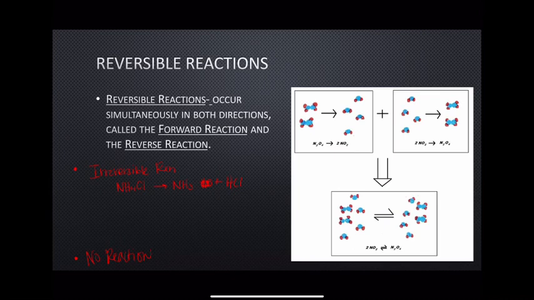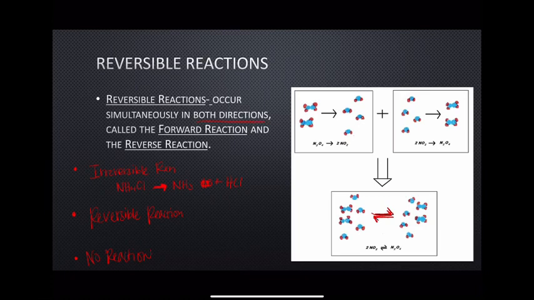So today, what we are focusing on is kind of the middleman that bridges these two reactions, and it is the reversible reaction. So in a reversible reaction, instead of having this arrow that goes in one direction from the reactants to the products, you have this special arrow that shows that the reaction proceeds in both directions simultaneously.